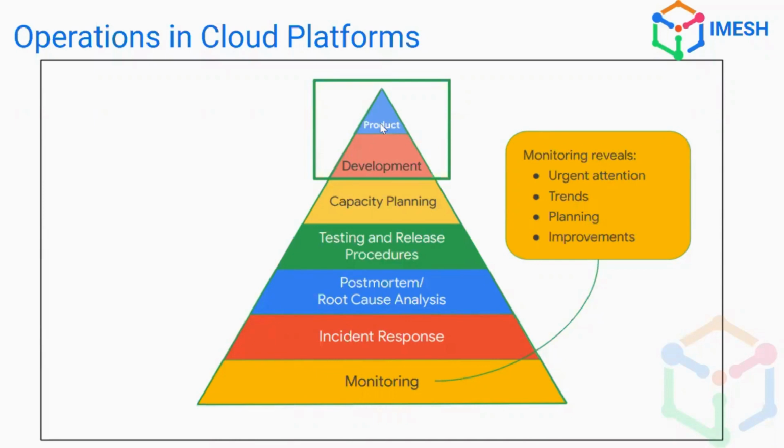All of this is based on the monitoring system and the data captured from it. Monitoring reveals things that need urgent attention, and trends in application usage patterns, which can help build better capacity planning, improve the client's experience, and reduce client pain points.